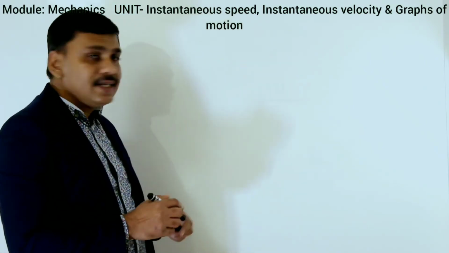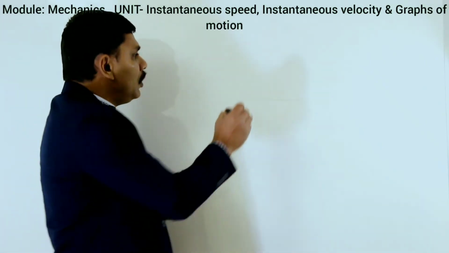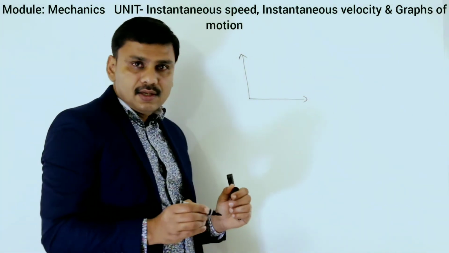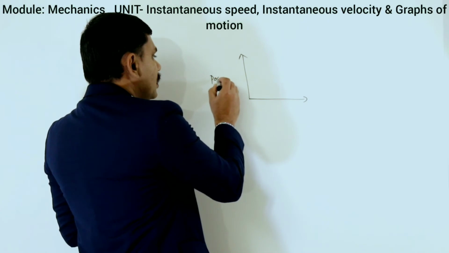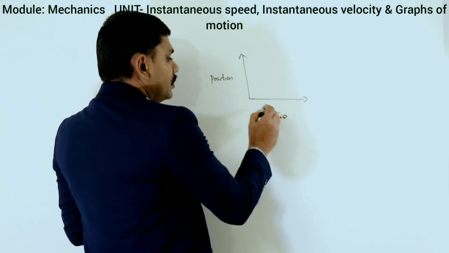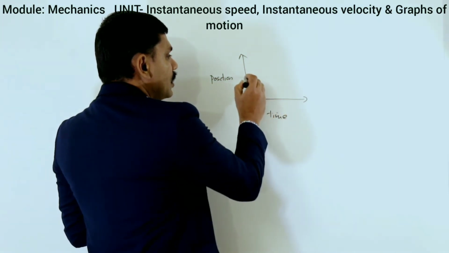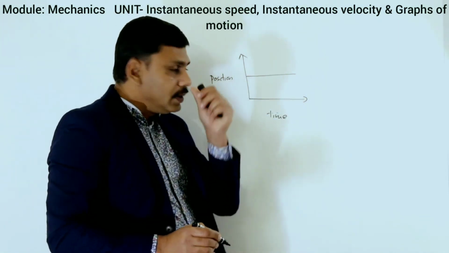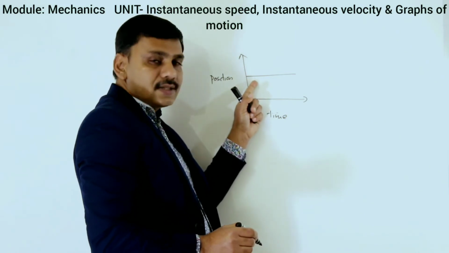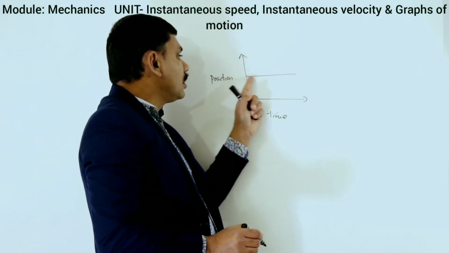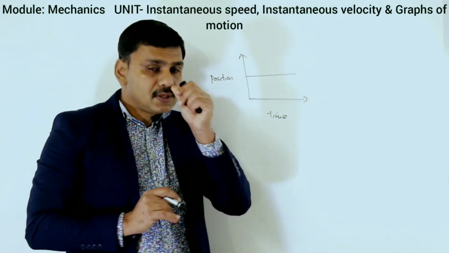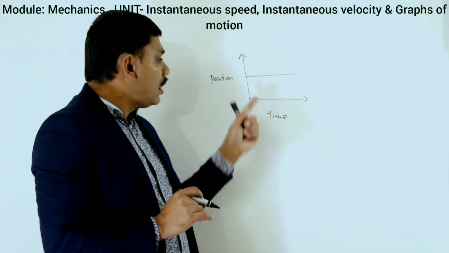If an object is at rest, how will you draw the position time graph? Here the position time graph shows the object at rest. The position of the object is not changing as time changes.